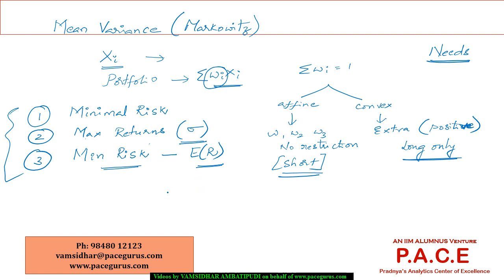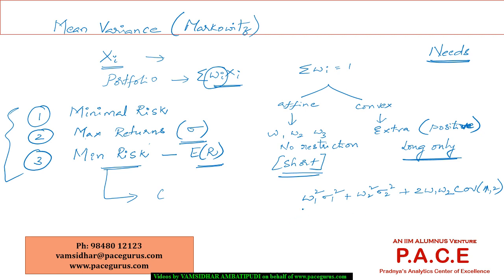Right? Now, looking at the theoretical aspect of all these things in a very quick sense, let's say I'm looking at this kind of a problem. I want to minimize the risk. So the risk is measured through the total variance. Right? We have talked about W1 squared sigma 1 squared, plus W2 squared sigma 2 squared, plus 2 W1 W2 times the covariance between 1 and 2.